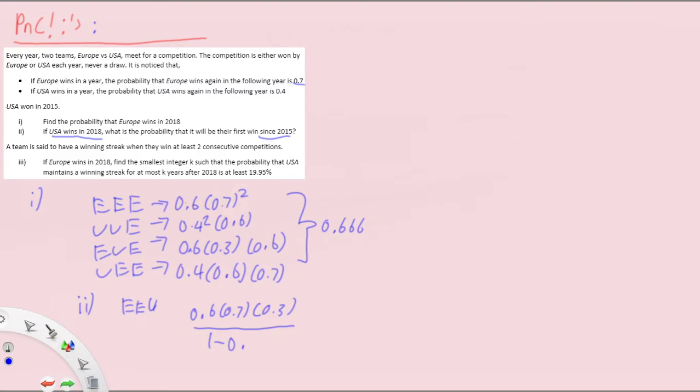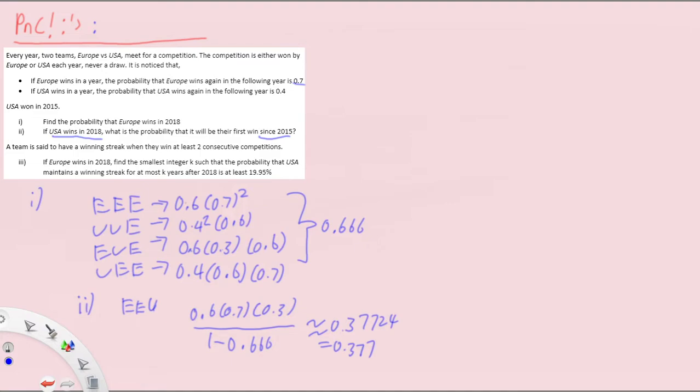So the probability that USA wins in 2018 would be 1 minus 0.666, the complement. This would give us 0.334. So it is 0.18 times 0.7 divided by 0.334, which is 0.37724, which should then give us 0.377.